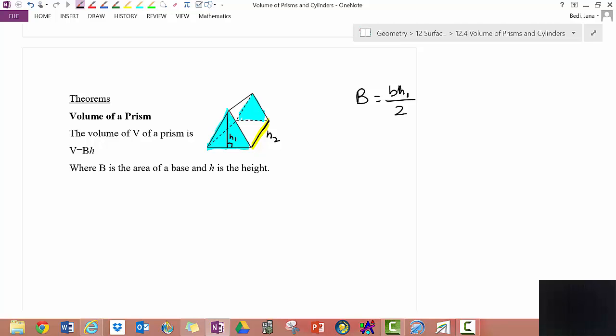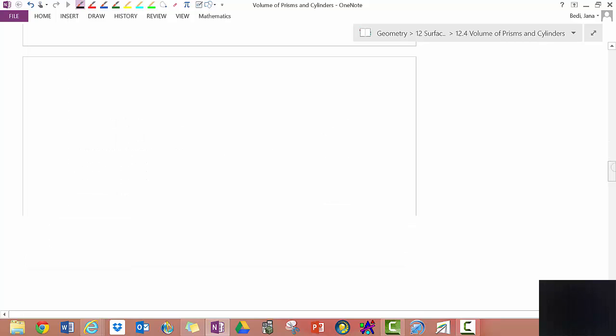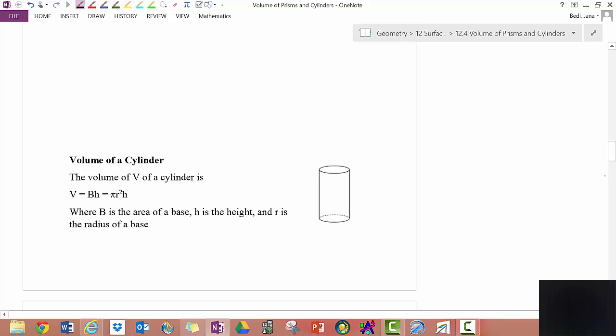Moving forward, volume of a cylinder. In a cylinder, we have a base just like we did for prisms. Two bases, they are parallel. Now, they may lay a cylinder on its side, and the bases would still be the two circular bases. So which is the height here?